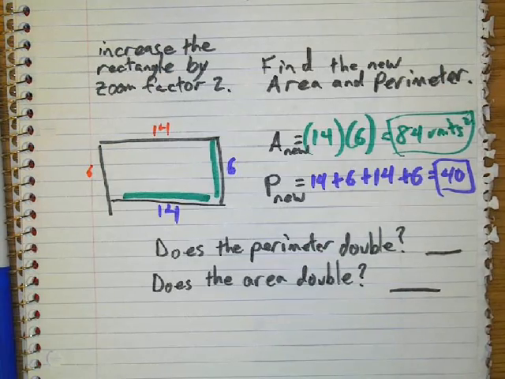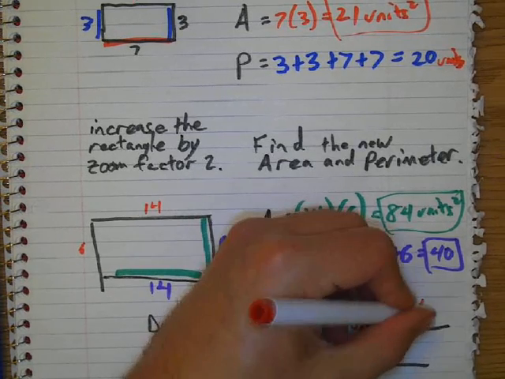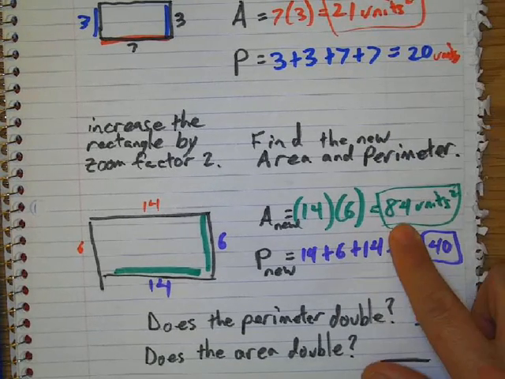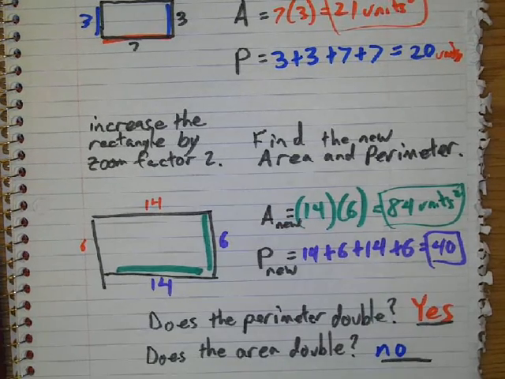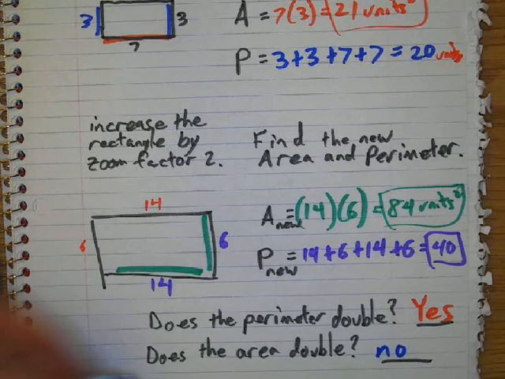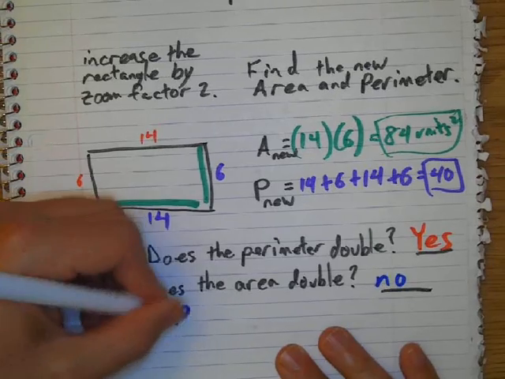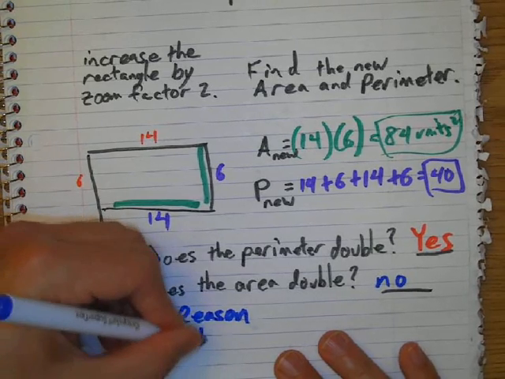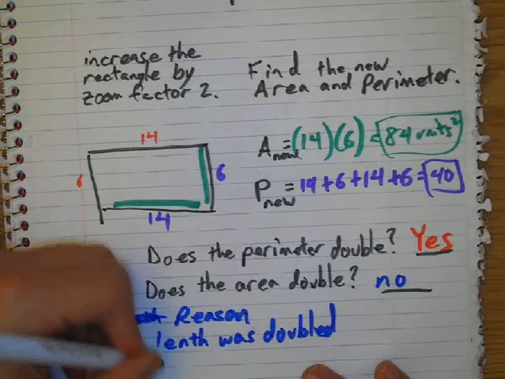Okay, so the question is, is the perimeter doubled? Okay, so we went from 20 to 40. Yes, it is doubled. Is the area doubled? Okay, is 21 times 2 equal to 84? The answer is no. Okay, now why is it not doubled? It's because the length was doubled and the width was doubled.